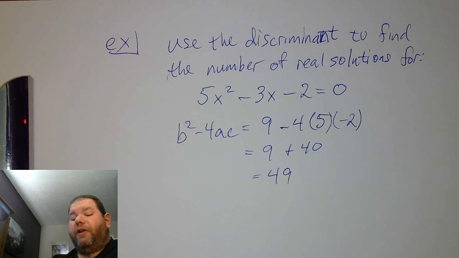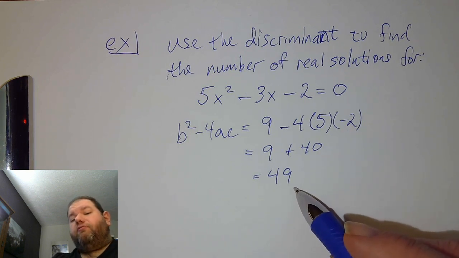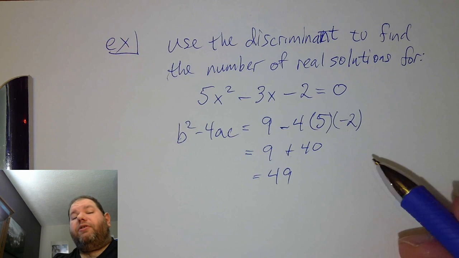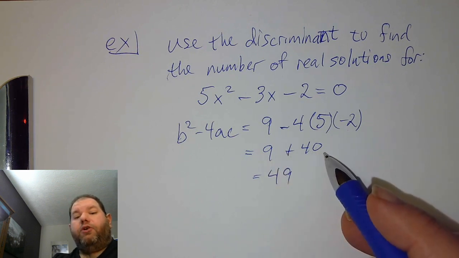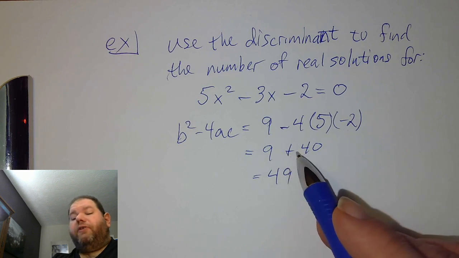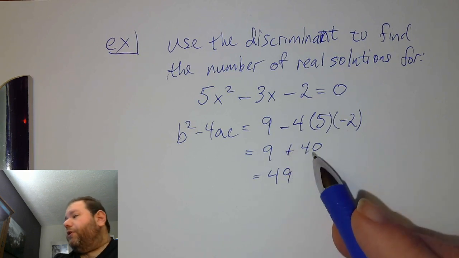Now, I can almost guarantee you if this turns out to be like a multiple choice question on the test, one answer will reflect the value of 49, another answer will reflect the value of negative 31, which is what we would get if we subtracted instead of adding the 40.